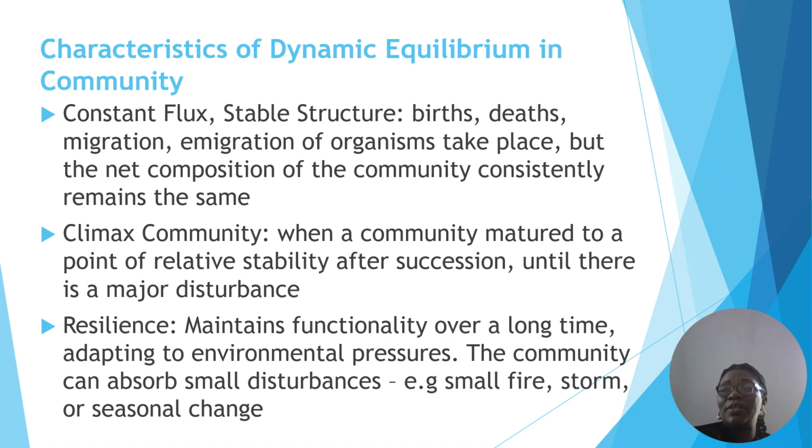They can easily recover from small disturbances. What I'm trying to say is that when you have small disturbances, maybe like a small fire or a storm, it happens, but the community is resilient because after the incident, it's not noticeable in them. So that's another characteristic that is observed in a dynamic equilibrium.